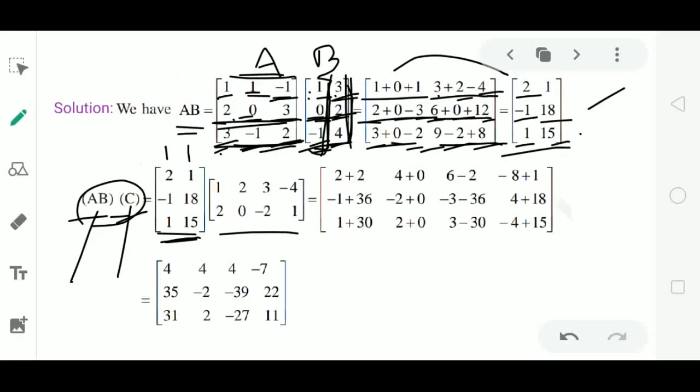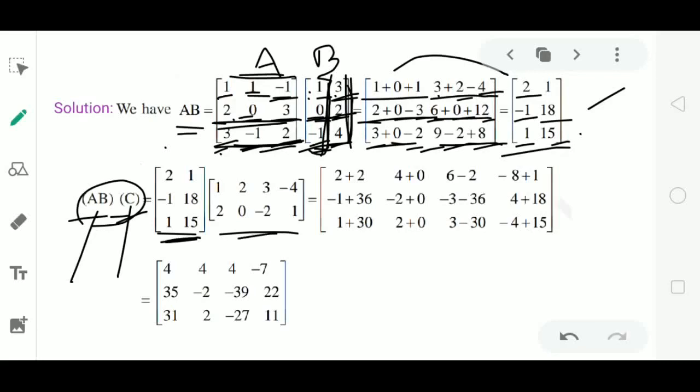Matrix C has 2 rows. The number of columns of the first matrix is equal to the number of rows of the second matrix. Hence, we can define the product AB and C. Let us find the product.